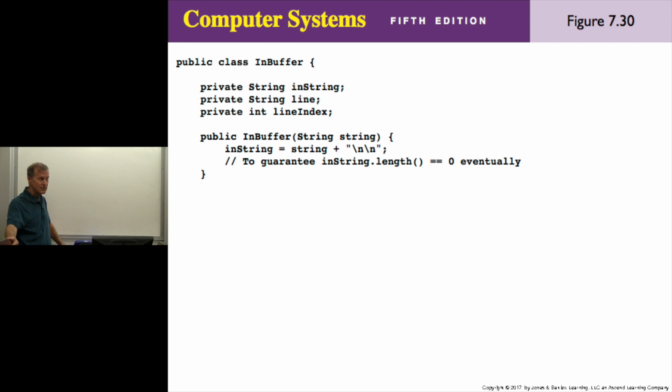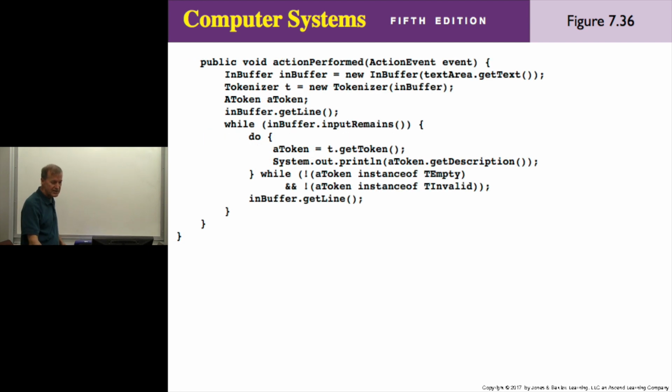The constructor. And what did we give that constructor when we called it from down here? Text area dot get text. So you see that. Are you with me? Is that text area dot get text the actual parameter or the formal parameter? Yes, that is the actual parameter.